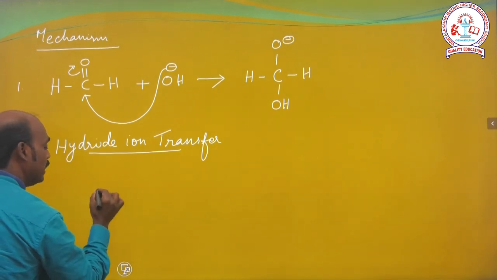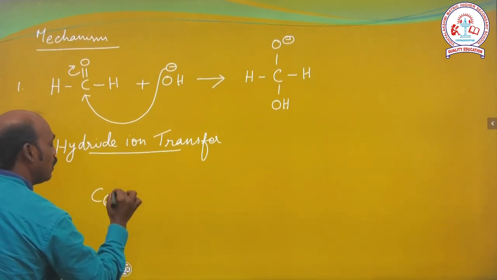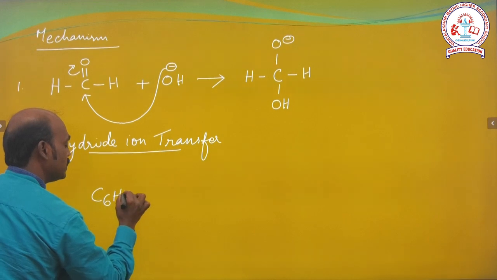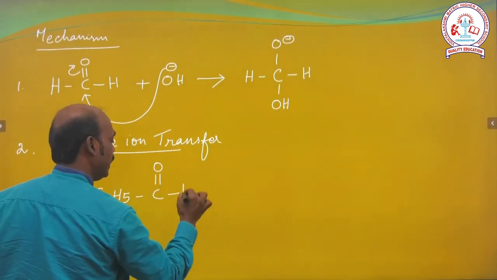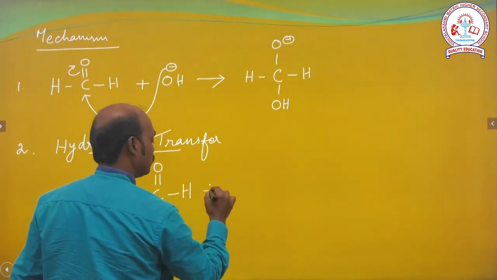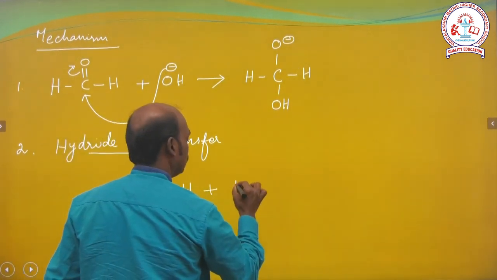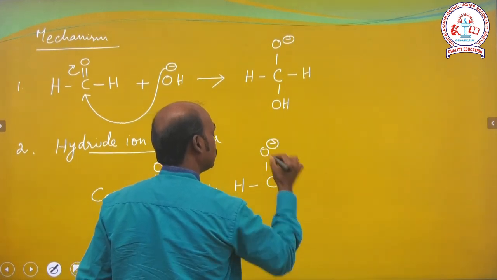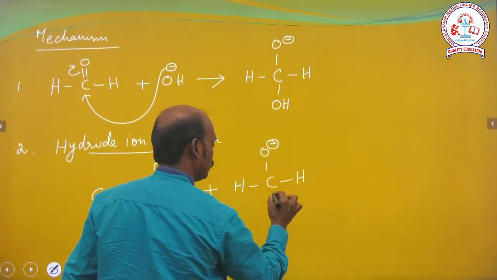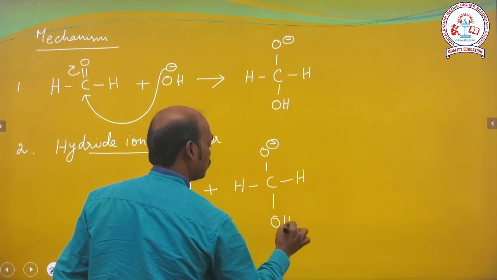So let us take another aldehyde, that is benzaldehyde, C6H5 C double bond O, H, and H, C, O minus, H, OH.